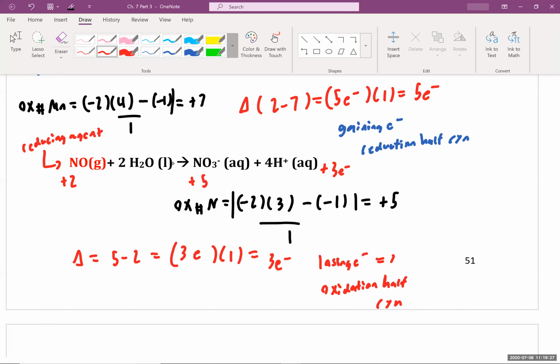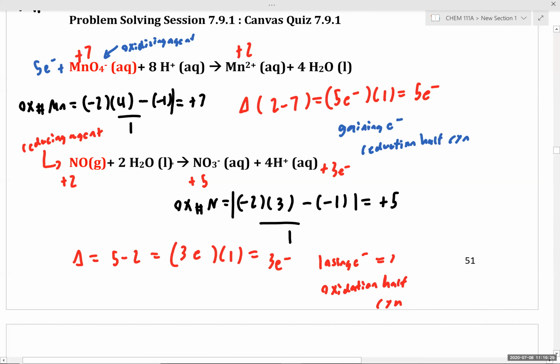Do these examples make sense so far to everyone? Any questions so far on these examples? So is it considered losing because you went from the 5 to the 3? It's considered losing electrons because our oxidation number went from +2 to +5. Our oxidation number is becoming more positive, and as a result, that means we've lost electrons.